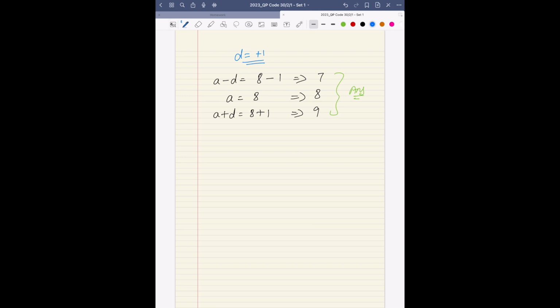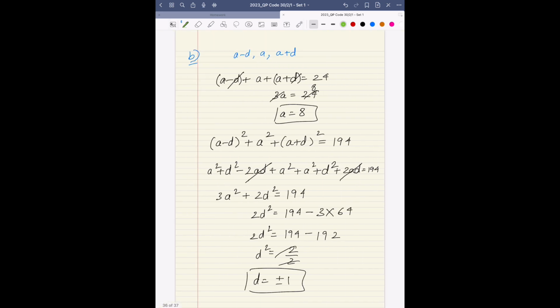Or you write both the answers, right? d is equals to minus 1. Now the order will reverse. a minus d, or 8 minus minus 1 becomes 9. a is already 8, and a plus d will become 8 plus of minus 1 or 7, right? So either your AP is 7, 8, 9 or it is 9, 8, 7, both of them are correct, right? So write both the values to get full marks.